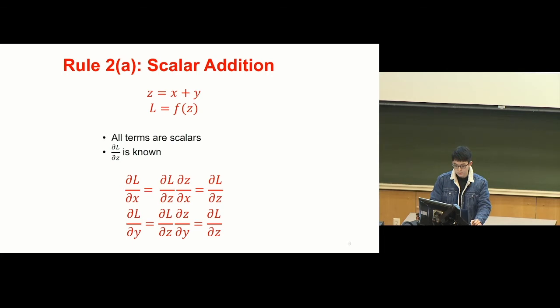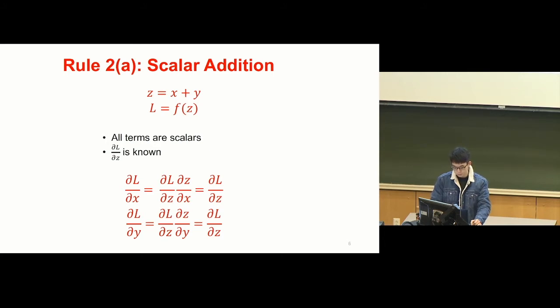Next is the addition. Here, z equals x plus y, and L is a function f of z. The partial derivative of L to x equals the partial derivative of L to z times the partial derivative of z to x. And here, because the partial derivative of z to x equals 1, we get the right-hand side, which is the second equation.